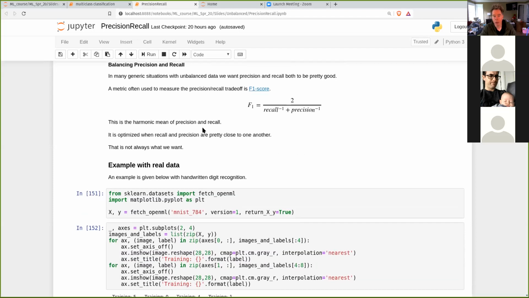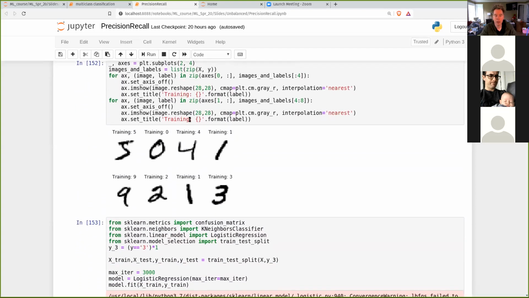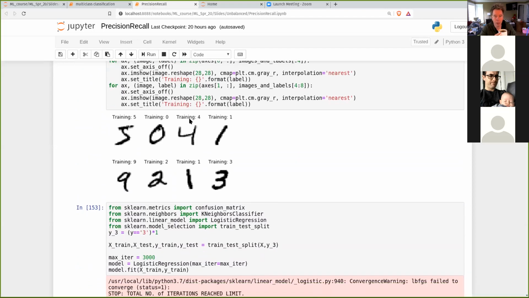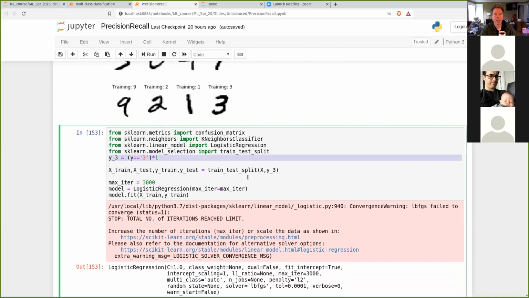Okay, so let's do a real example with the MNIST data set, the handwritten digits. There they are, just to remind you what they look like. I'm just looking at threes. The data set is a multi-class classification problem, not binary classification, because there are 10 digits.